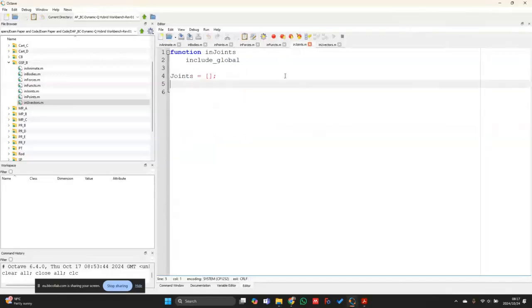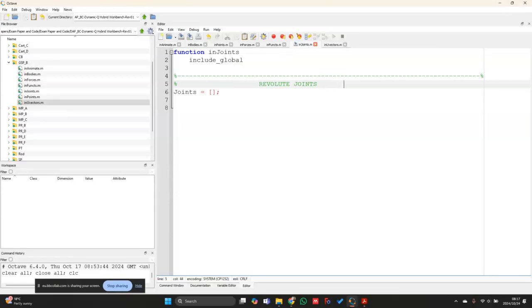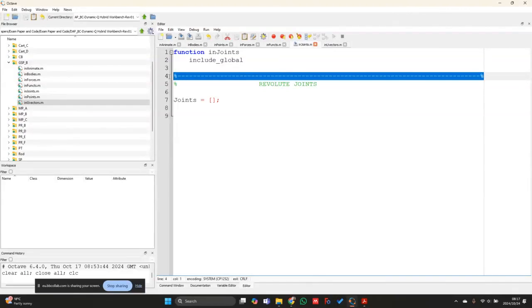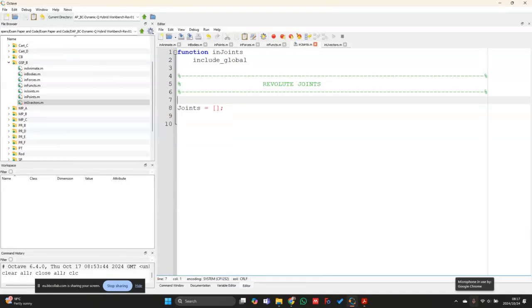Okay, so if I jump into in joints over here, I'm just going to start off by creating just a section over here which is called revolute joints. Okay, so this should help me to just keep track of which joints I specify.